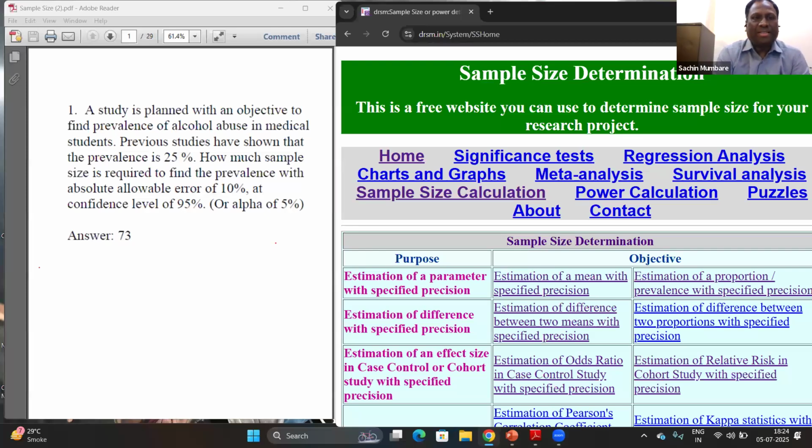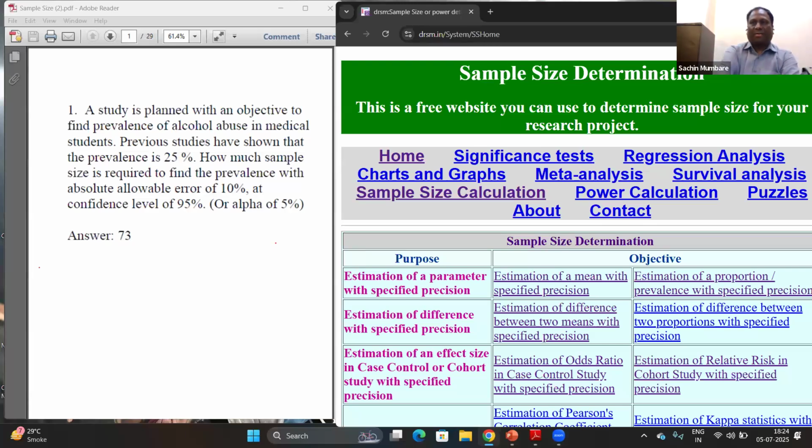A study is planned with an objective to find prevalence of alcohol abuse in medical students. Previous studies have shown that the prevalence is 25%. How much sample size is required to find the prevalence with absolute allowable error of 10% at confidence level of 95%?